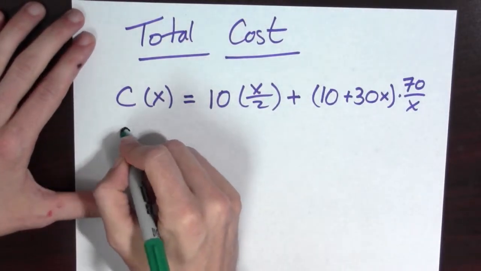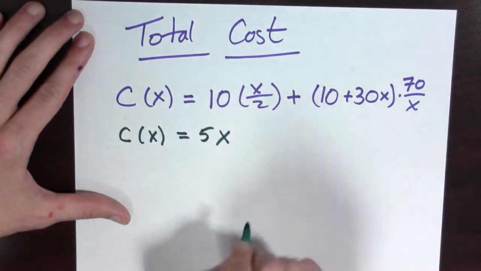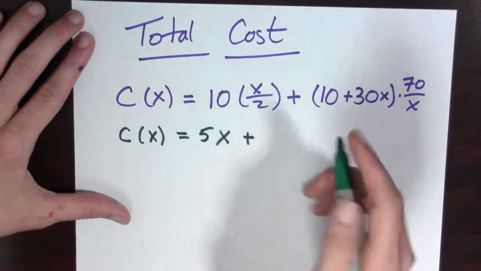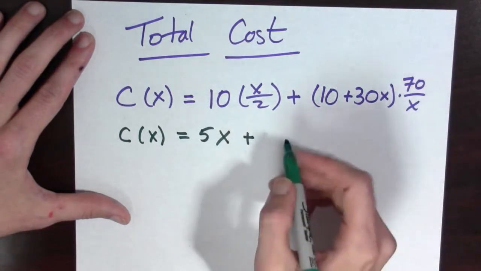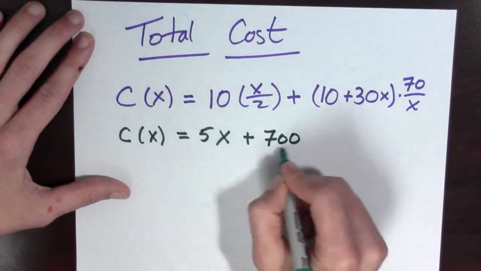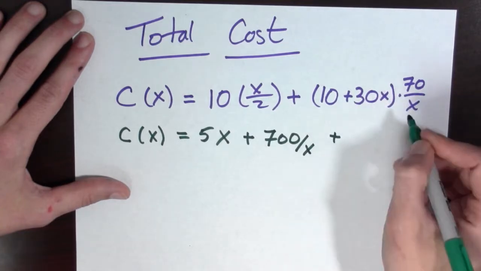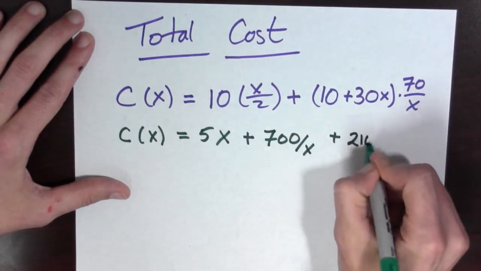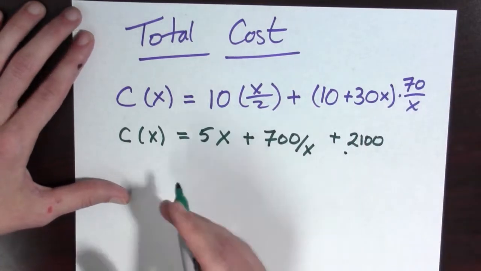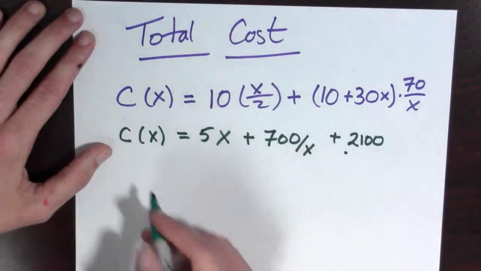We're going to write C of x is equal to 5x, and now I'm going to distribute this and see what happens. 10 times 70 is 700, and this is all over x, and then 70 times 30 is 2100, and the x's cancel here.